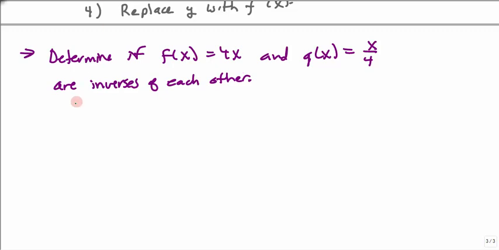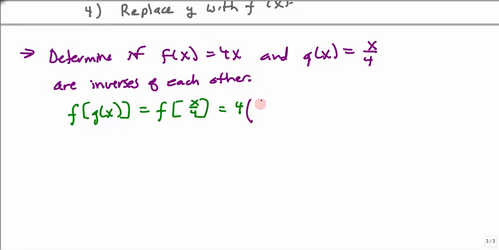So to start, let's do f of g of x. g of x is equal to x over 4. So I plug x over 4 into my function in place of x. The 4's cancel and I get x. And that's what I want to get. I have to get this value of x.